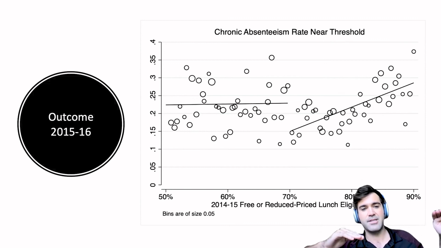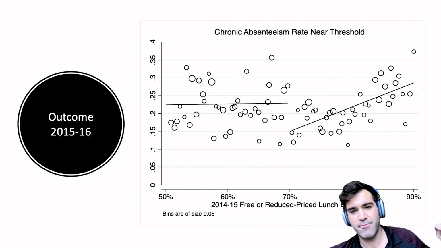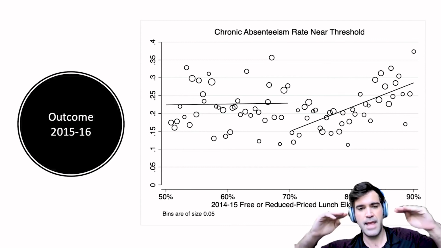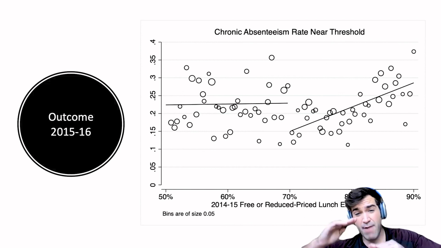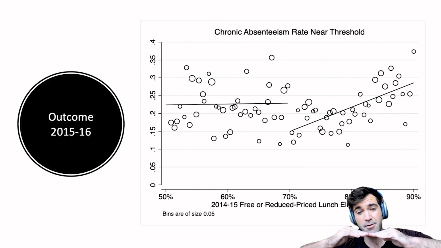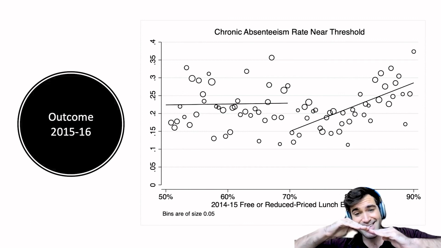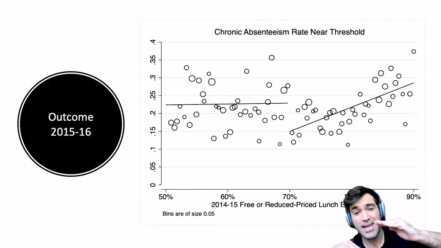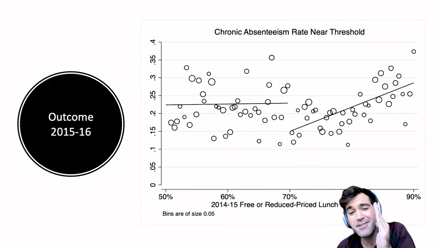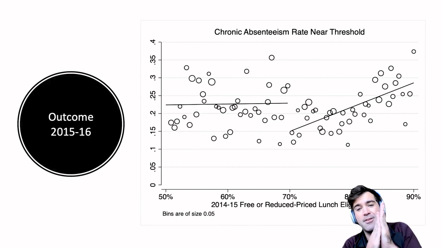On the y-axis, you see the chronic absenteeism rate for a particular school. And you can see that right at that 70% threshold, there is a clear disconnect or discontinuity between those who were really close to that eligibility threshold but weren't required to adopt it, and those who were just required to adopt it. They were just at that cutoff point.